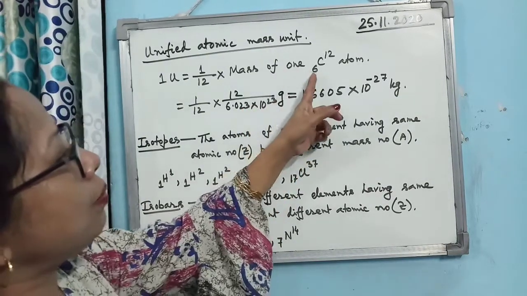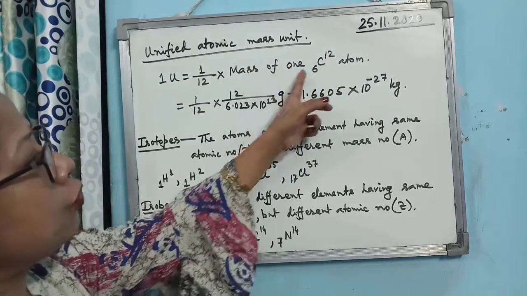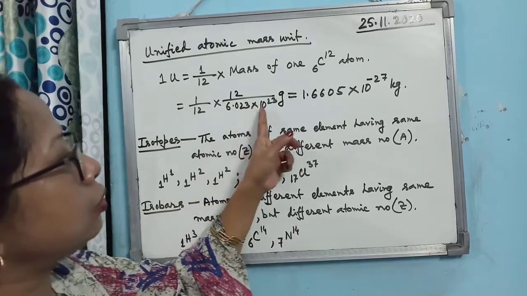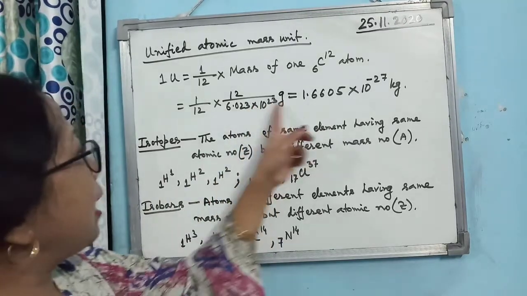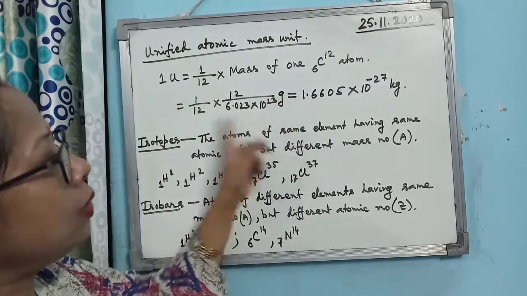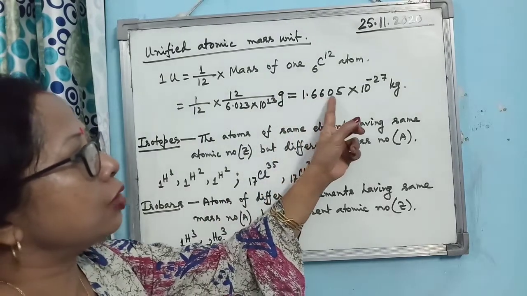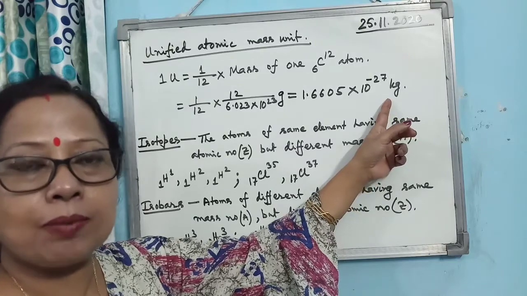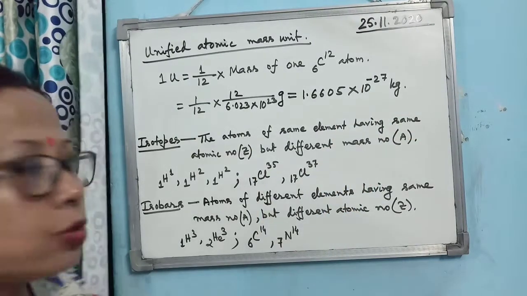So what will be mass of one 6C12 atom? 12 divided by 6.023 into 10 to the power 23 gram, and into 1/12. So if you calculate, it is coming 1.605 into 10 to the power minus 27 kg. I have just jumped one step. In gram it will be 10 to the power minus 24.